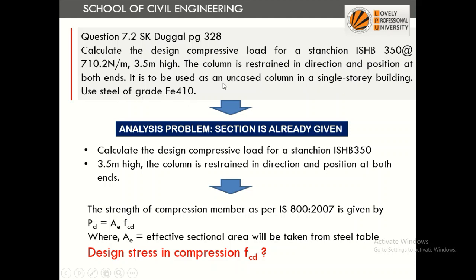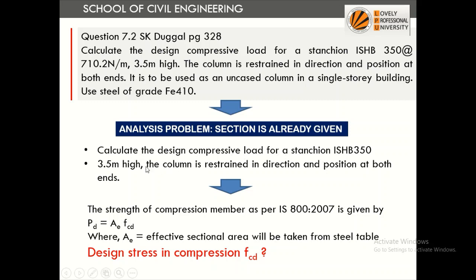Use Fe 410. So whenever the section is already given, we'll call it an analysis problem, in which the section is already given and we have to find the capacity of the section, how much load that section is allowed to carry, right? Now what we have to do is calculate the design compressive load for a stanchion.